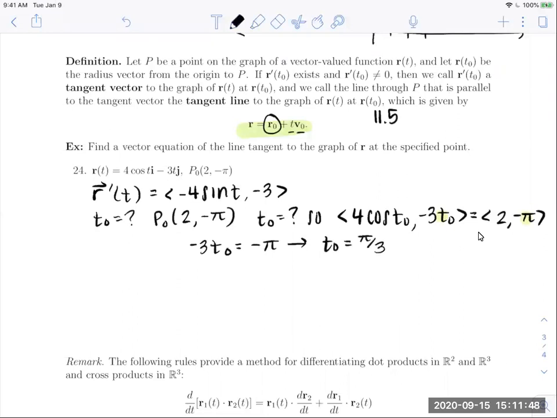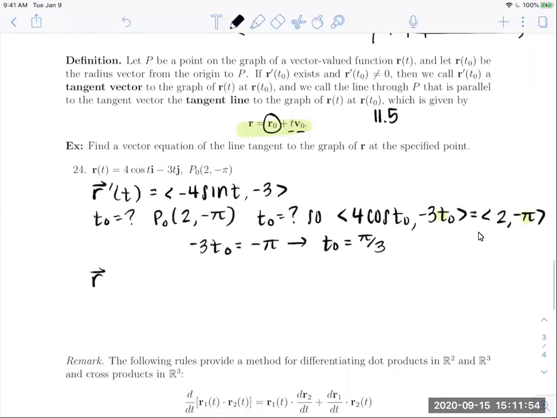So we had to do a little bit of extra work there just to identify what our t naught value is. But now that we have that, let's go ahead and evaluate our derivative vector valued function at that t naught value, pi over 3, and that's going to give us our tangent vector. So we want negative 4 sine of pi over 3, comma, negative 3.